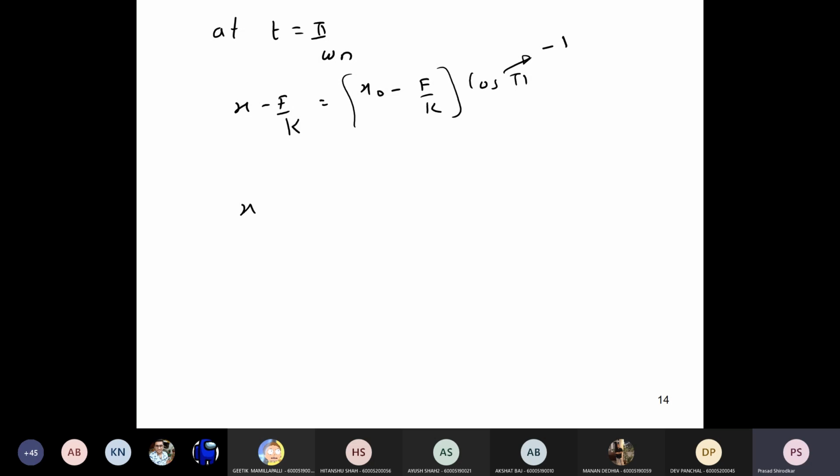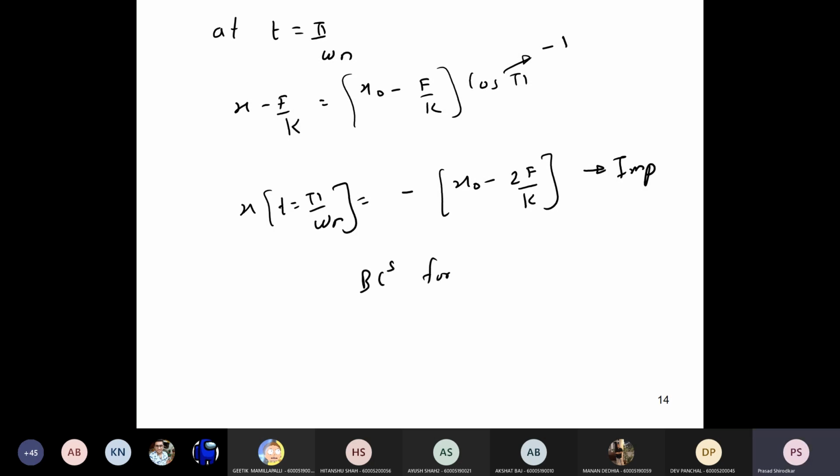So x at t equal to pi by omega n is equal to minus x0 plus 2F by k. Okay? This is a very important value. This will be one of the boundary conditions for the second half of the cycle. Please keep this in mind.